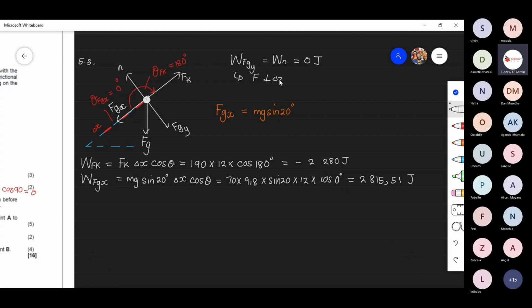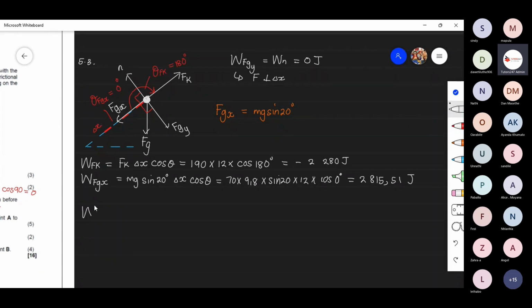Whenever your force is perpendicular to displacement, it's always going to produce 0 work. As you can see, our displacement is here, and there's a 90-degree angle between our displacement and Fgy. And there's also a 90-degree angle between normal force and displacement. That is why we have 0 work done by both those forces.